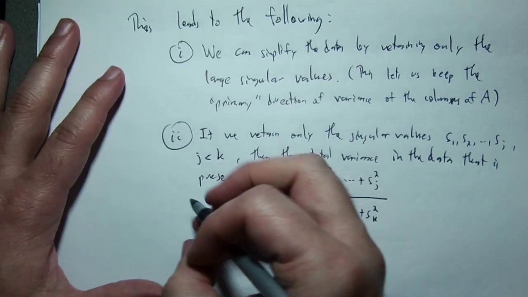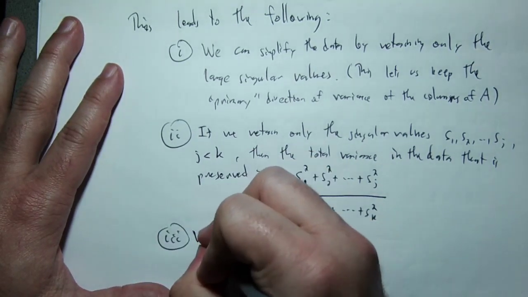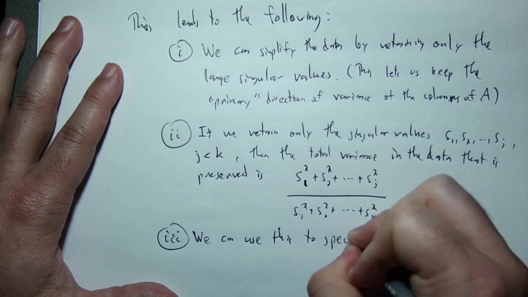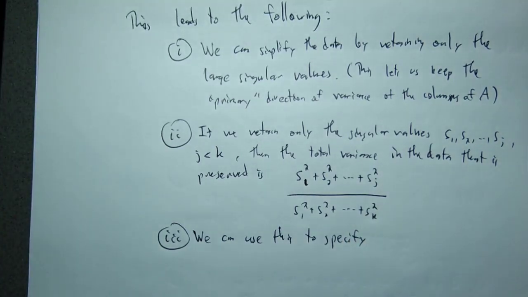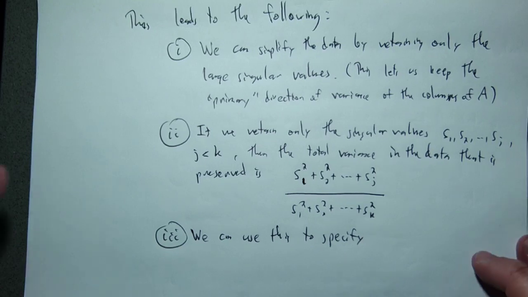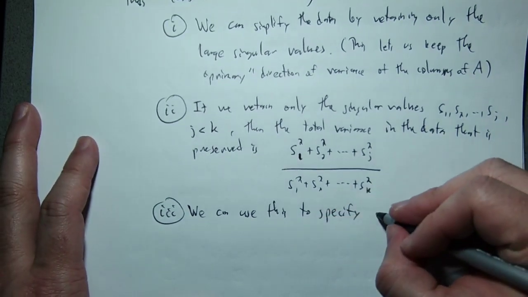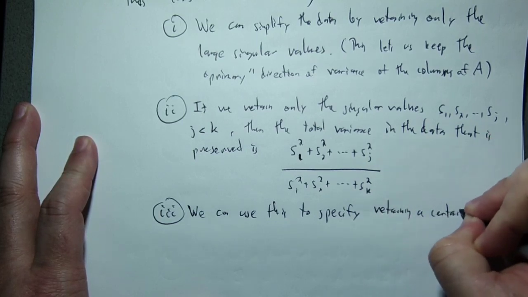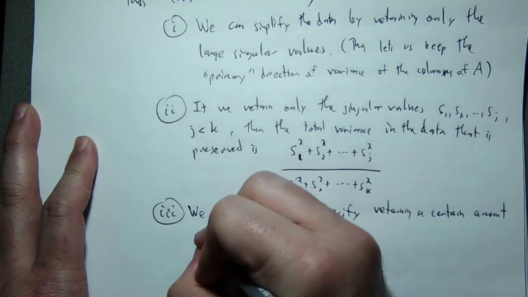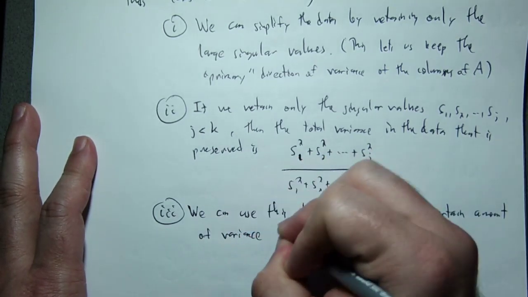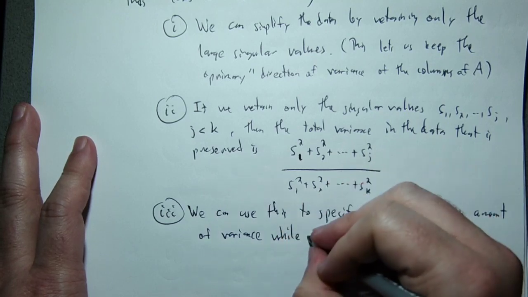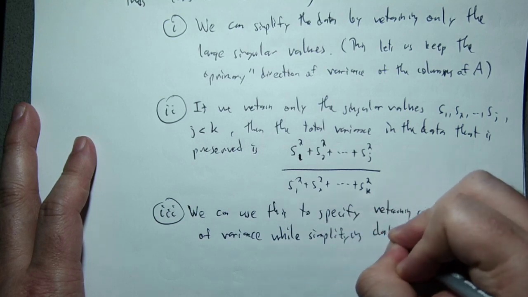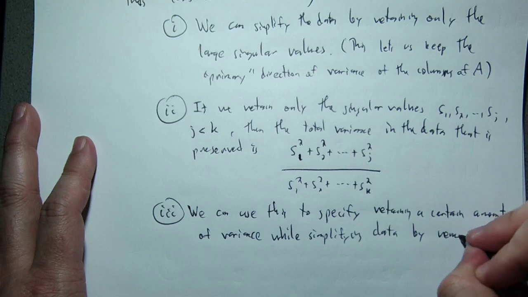And then, of course, we can use this to specify what amount of variance we're comfortable with, right? So we can use this to specify retaining a certain amount of variance while simplifying data by removing some singular values.